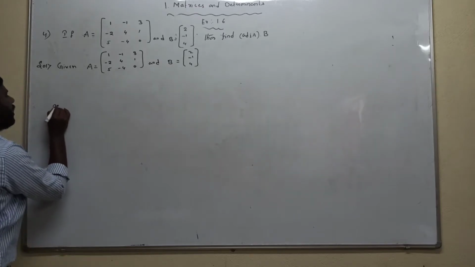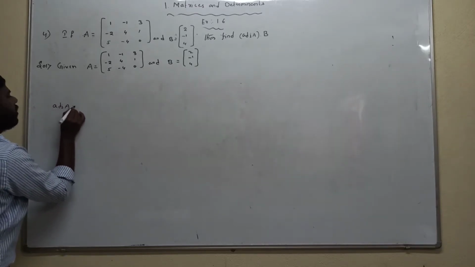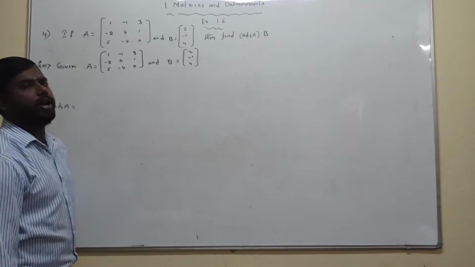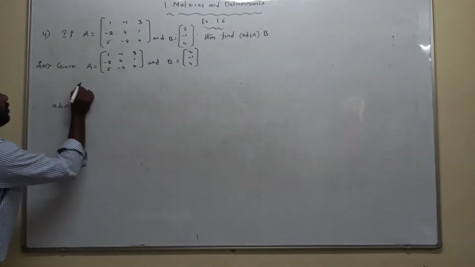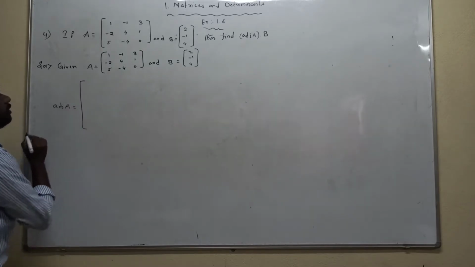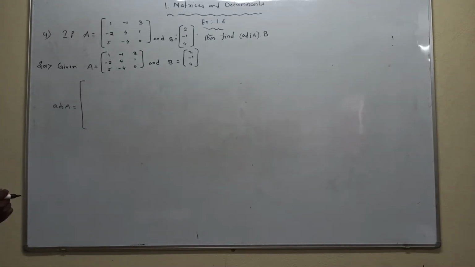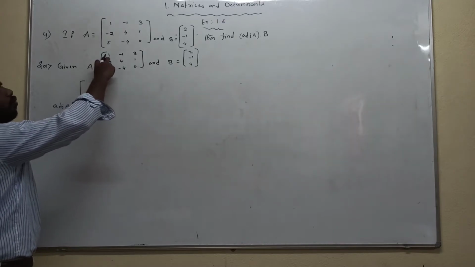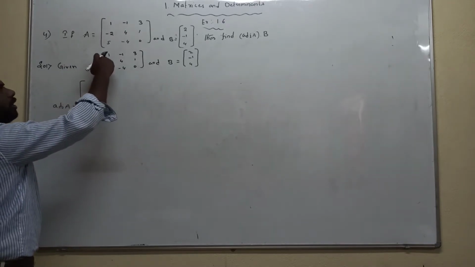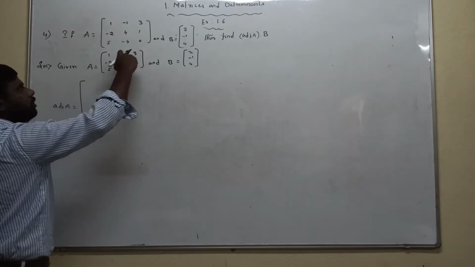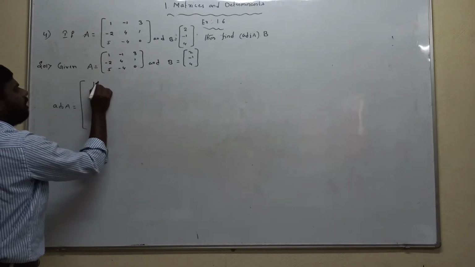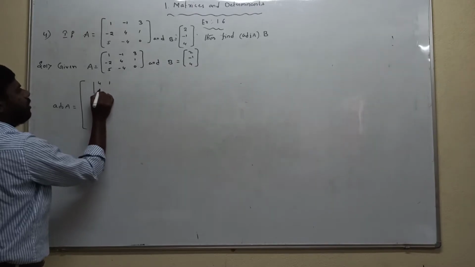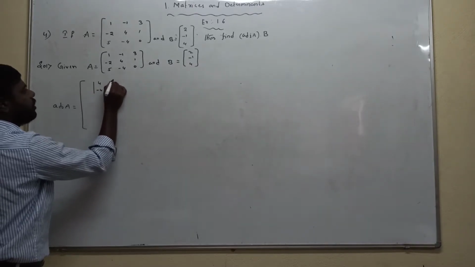Now we need to calculate the adjoint of A, because in this question we have to find adjoint of A into B. That's why we calculate the adjoint of A first. What is the first element here? 1. You take that and delete its row and column. The left over elements are 4, 1, -4, 0.